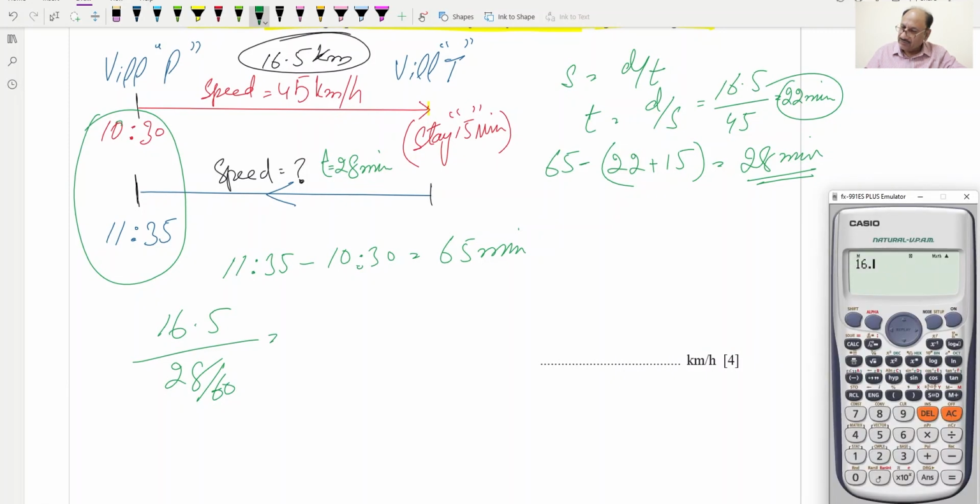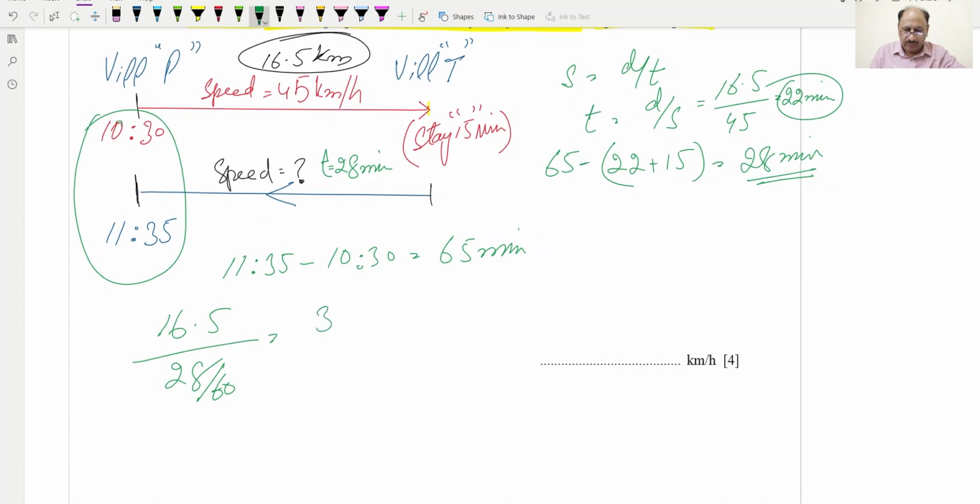So 16.5 over 28 over 60 is equal to 35.357, or we can write 35.4. 35.4 kilometers per hour will be our final answer for this 4-mark question. Hopefully you understood this.